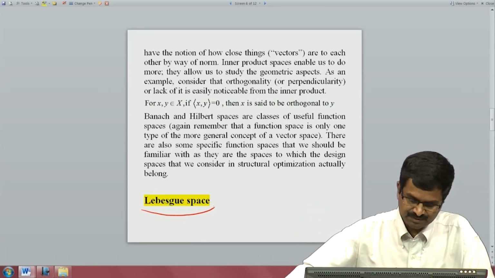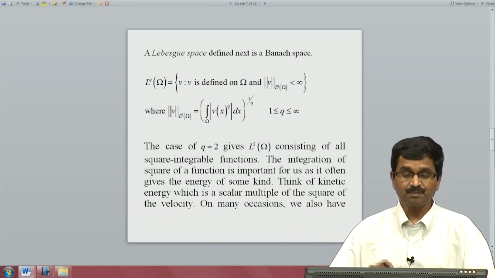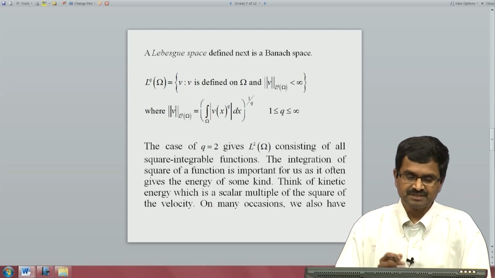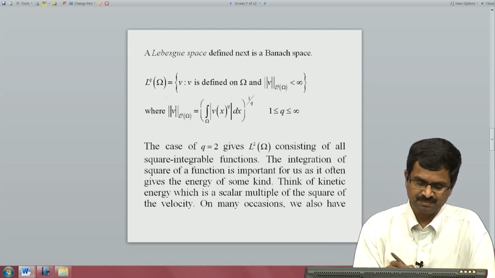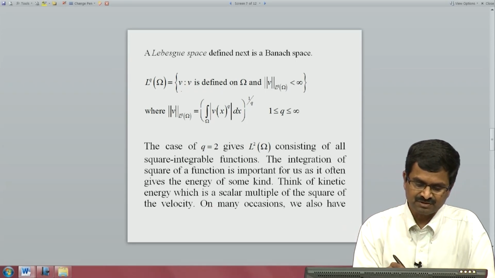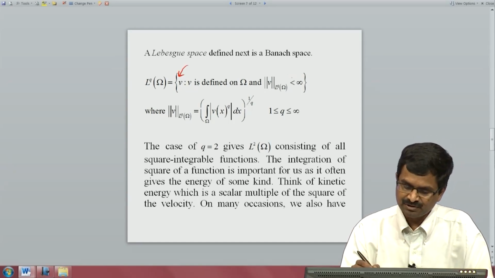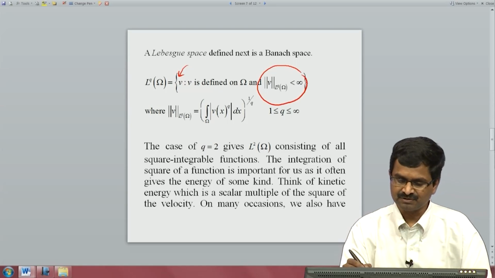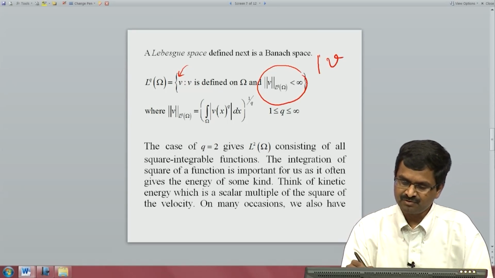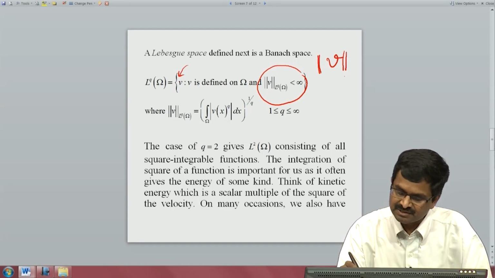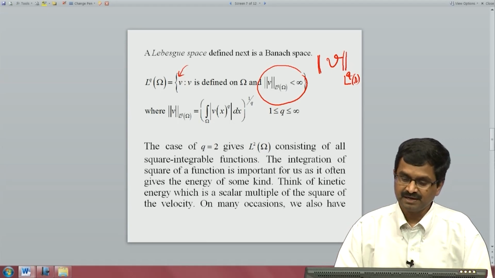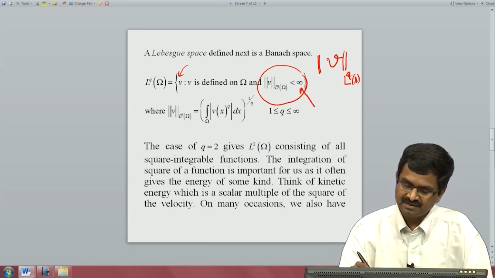Now, this Lebesgue space has a particular norm associated with it, which is defined here, right. The Lebesgue space contains all these elements v such that a particular norm on it, that is the norm with v and 2 bars like this, has a subscript L^q over some domain, and that should be less than infinity.